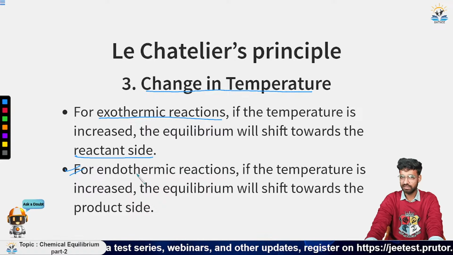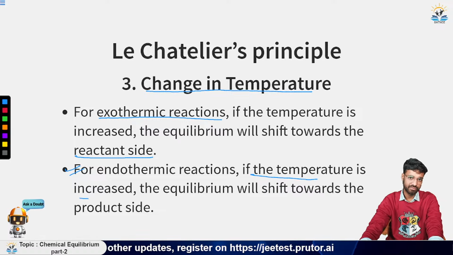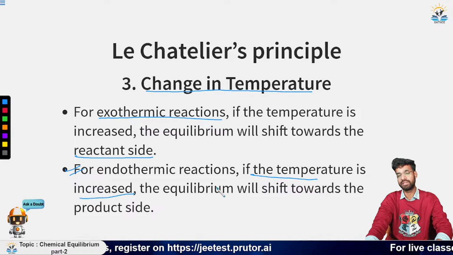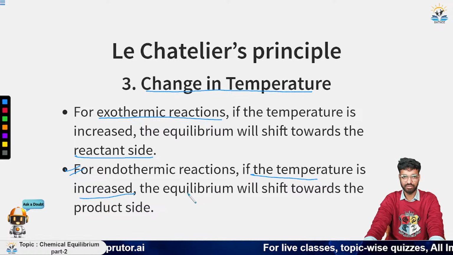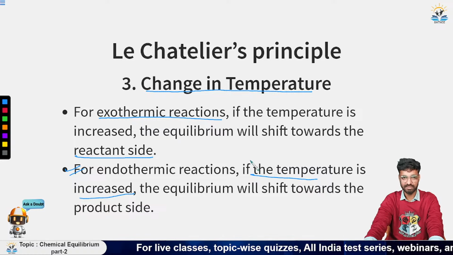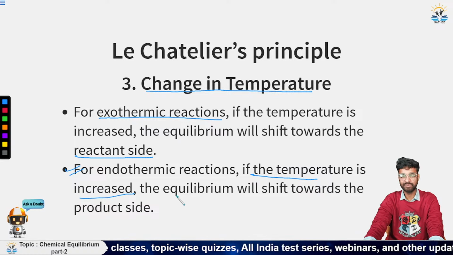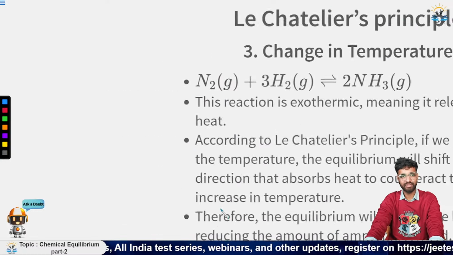Similarly, for an endothermic reaction, if the temperature is increased, the reaction will proceed in the forward direction, absorbing that heat and proceeding further toward the product side. So this is the effect of temperature.